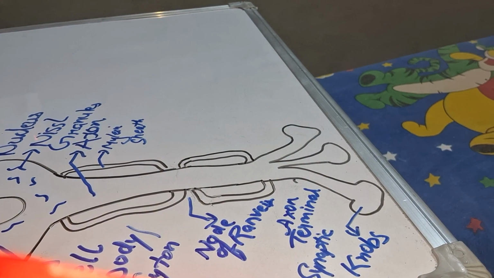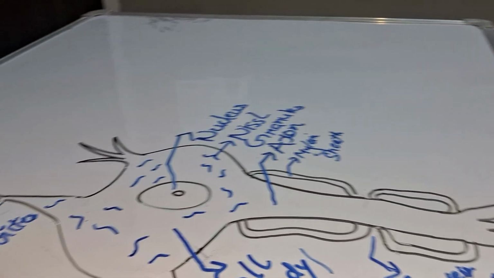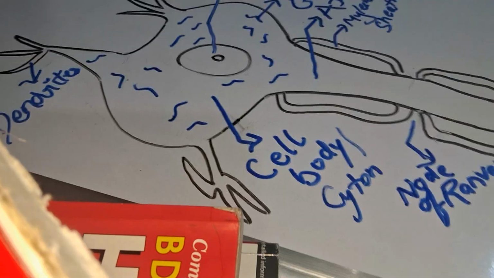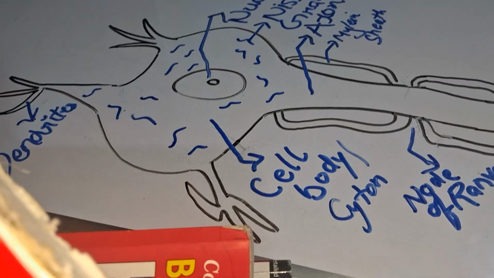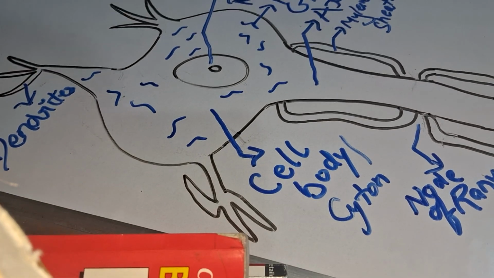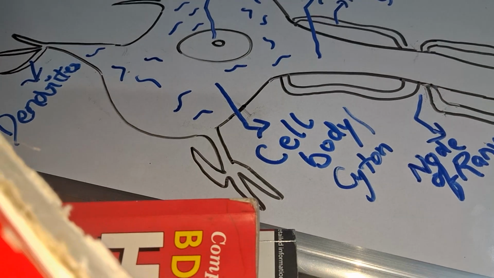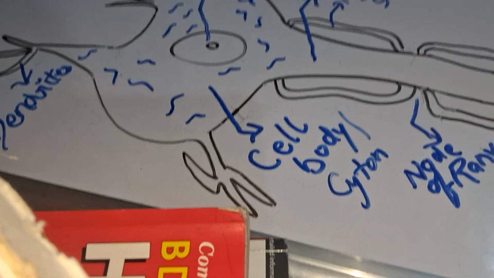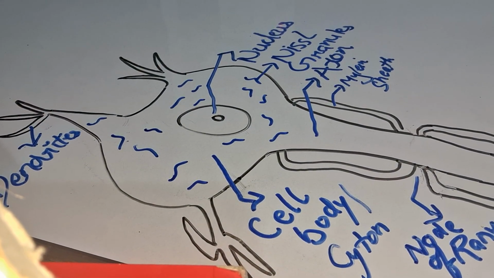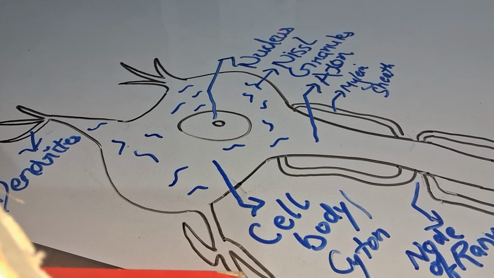So here is the structure of the neuron. Dendrites, the projections outwards from the cyton, the cell body, the main body of the neuron, and the nucleus in the center. The Nissl granules are present in the dendrites as well as in the cyton.